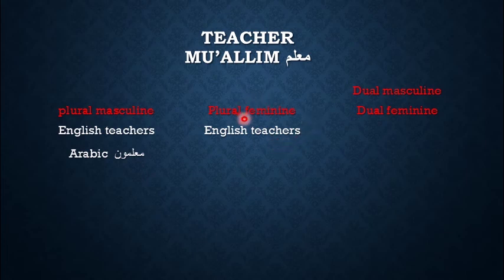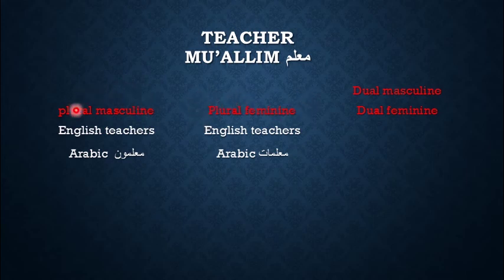Here the inflection is different. It would be muallimat, as you know. So muallimat, muallimun, here we have different inflections that distinguish different gender, masculine and feminine, and different number.